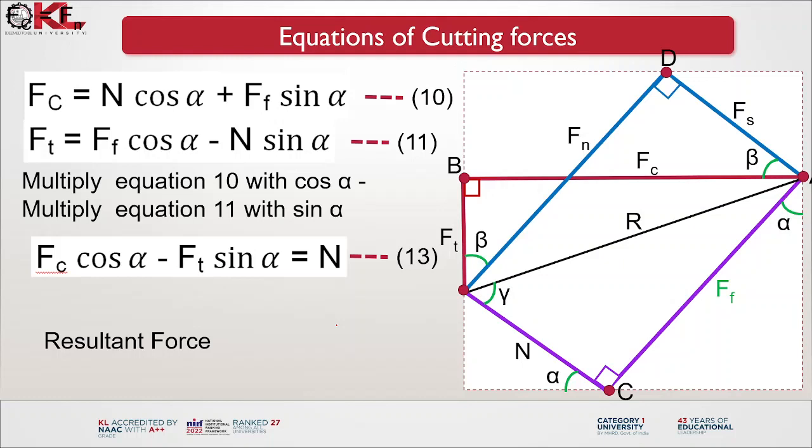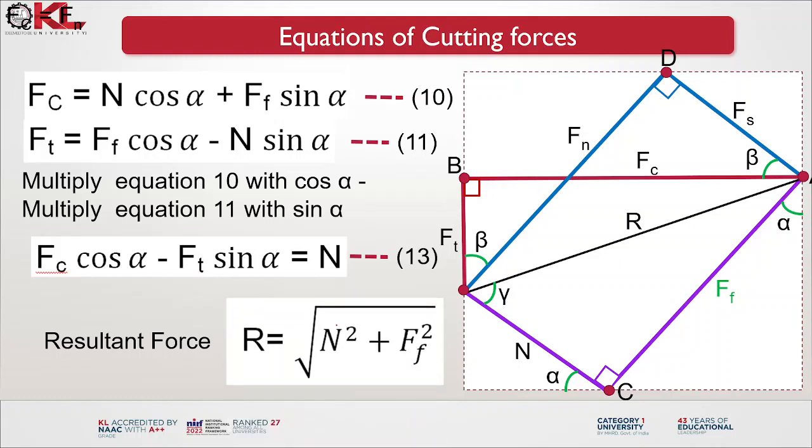Also you can find the resultant force of these components: R is equal to square root of N square plus Ff square, or Fs square plus Fn square, or Fc square plus Ft square. Any of these gives the same resultant value.